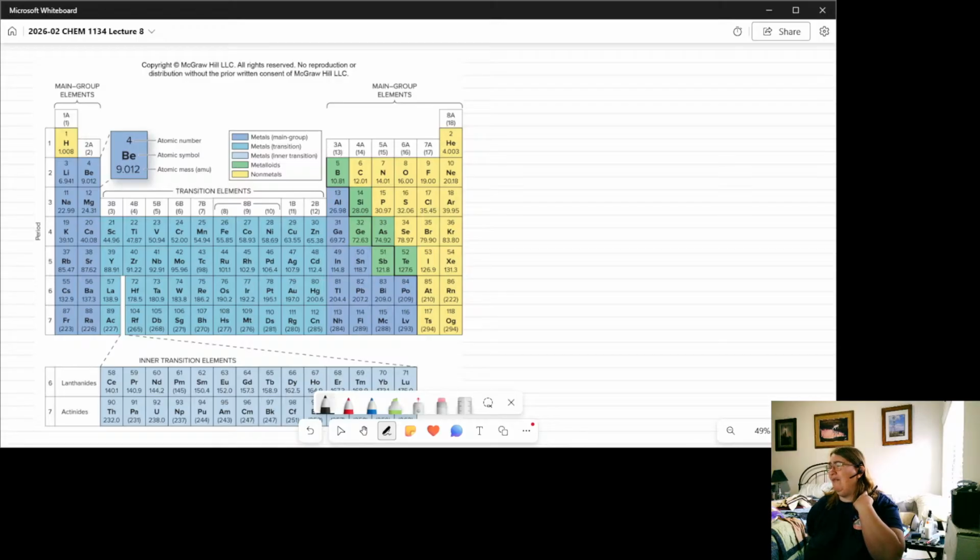Those, as chemists, we have very little to do with. And then you have some markings in terms of metalloids, nonmetals, metals main group, metals transition. And hydrogen you will sometimes see also placed here on the periodic table because it can act like a halide in terms of reactivity, but it doesn't have a lot of electrons to give. We'll talk about that next time. But you can see it put over there.